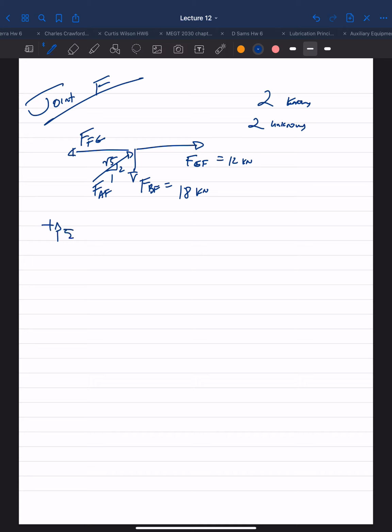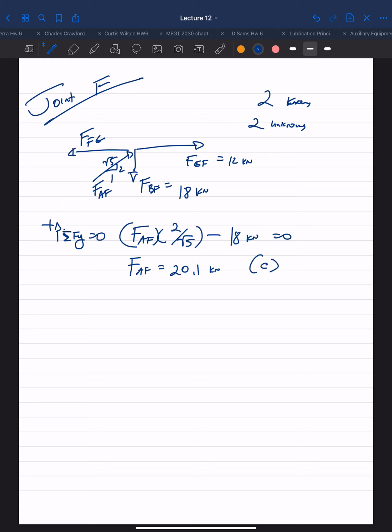So take the sum of our forces in the y direction. You have your FAF times the y component, which is 2 over the square root of 5, minus your FBF, which is 18 kilonewtons. FAF is equal to 20.1 kilonewtons, and FAF is pushing on the joint, so it's in compression.